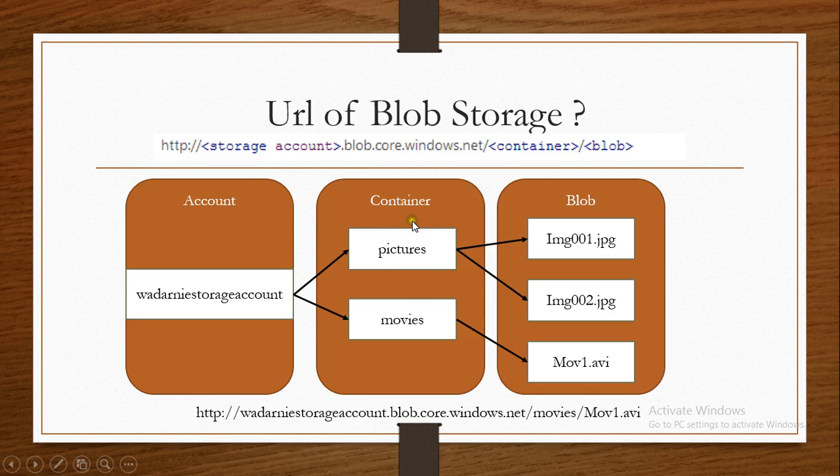So if I'm going to access image 002, it will be /pictures/image002.jpg. Here I have one example: my blob endpoint, /movies is the container, /mov1.avi. So this is how I can access movie1.avi inside my blob storage.